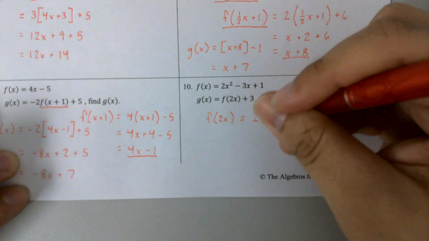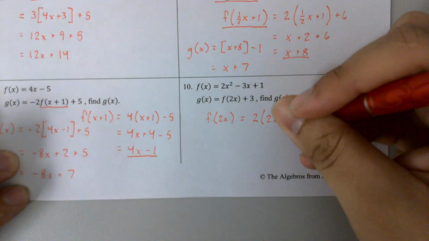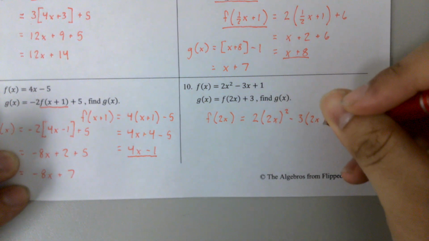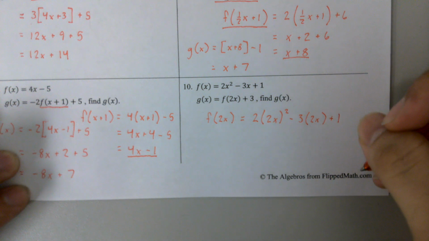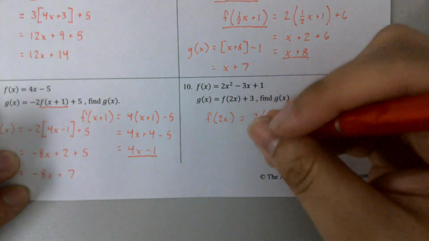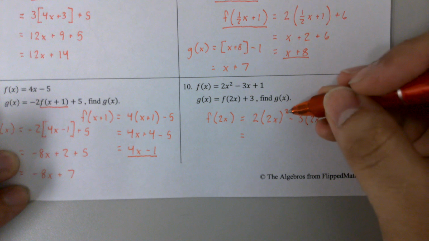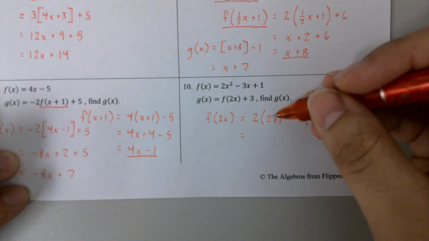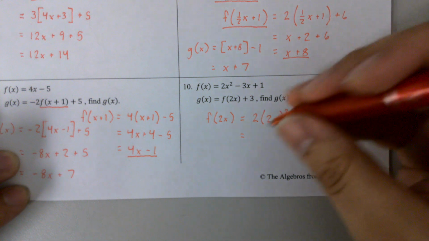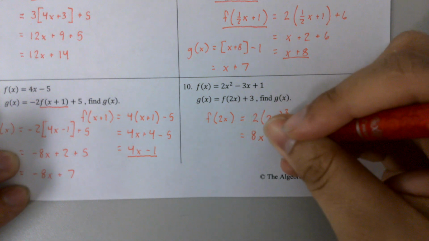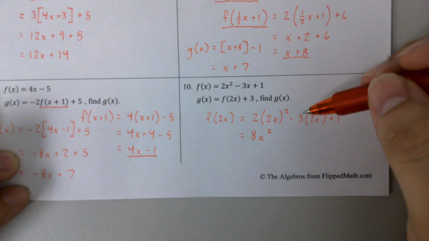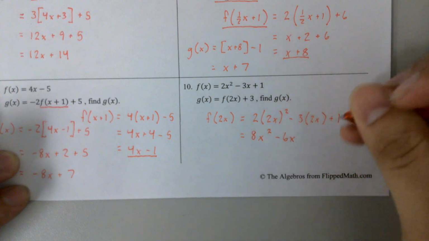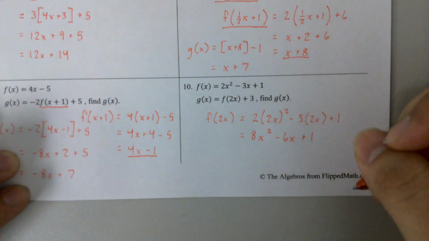And when we do that, we have 2 times 2x squared minus 3 times 2x plus 1. So simplifying that, remember we have to square the 2 and we have to square the x. So when we square 2, we get 4, and then times 2 again, it's going to be 8. So this is 8x squared. Then we have negative 3 times 2x, which is negative 6x, and then we have the plus 1.